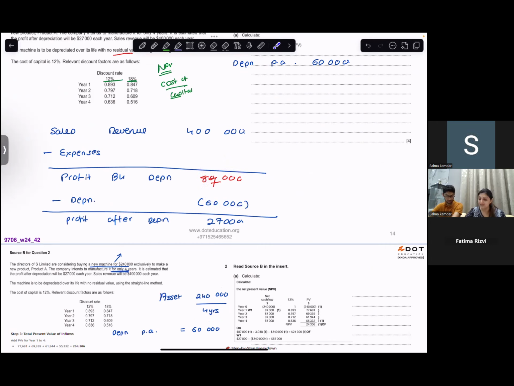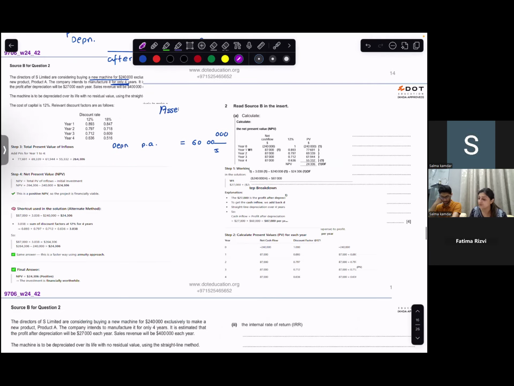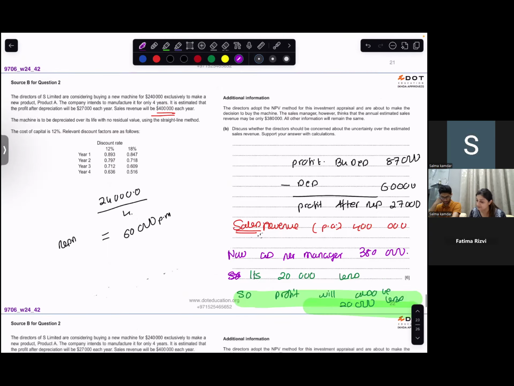Now the manager is saying that the sales will not be 400,000, it is going to be 380,000. Other information remains the same. Since this is reducing by 20,000, our cash profit would also reduce by 20,000. So our new cash inflow would become 67,000.